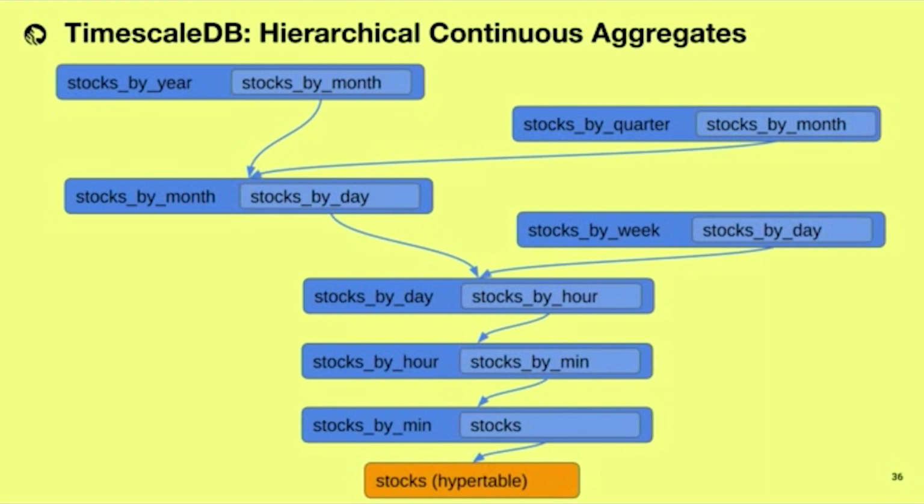Another advantage is we can have different retention policies for each level. It means that I can have a retention policy on the whole hypertable. For example, let's say I will keep just the last month of data in the original hypertable, but up there we have by year.